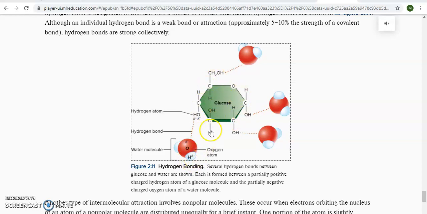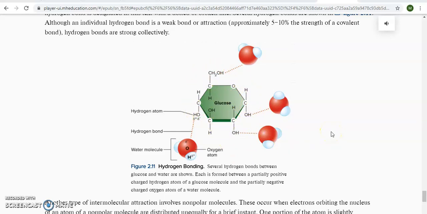Glucose is also a polar molecule like water, where it has hydrogen atoms that have that partial positive charge. So it's made up of polar covalent bonds as well.